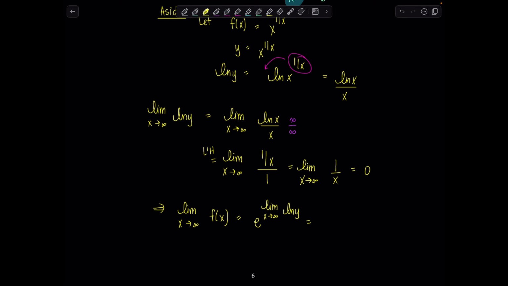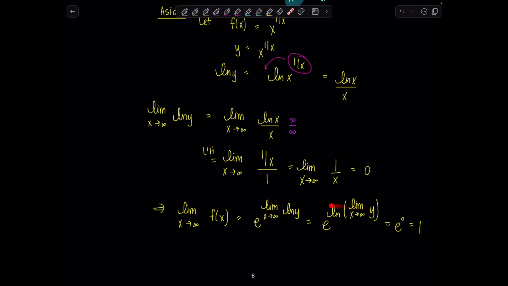Because then basically you can just pull the ln out, right? Then you have e to the ln limit as x approaches infinity of y. And then we know what that limit was. This was all 0. So this is e to the 0, which is 1.